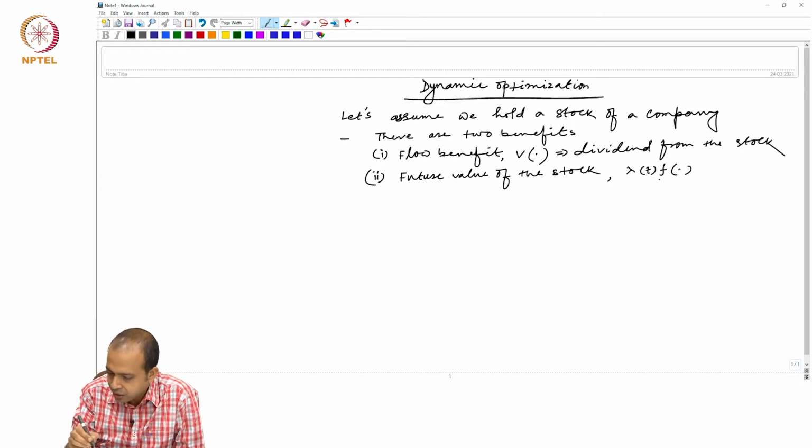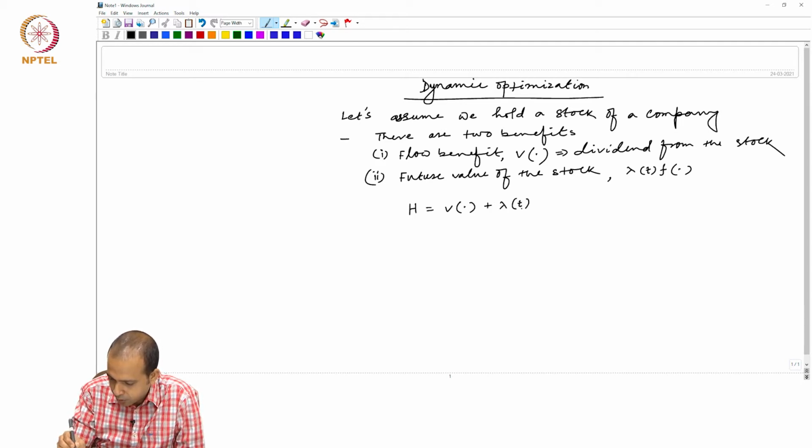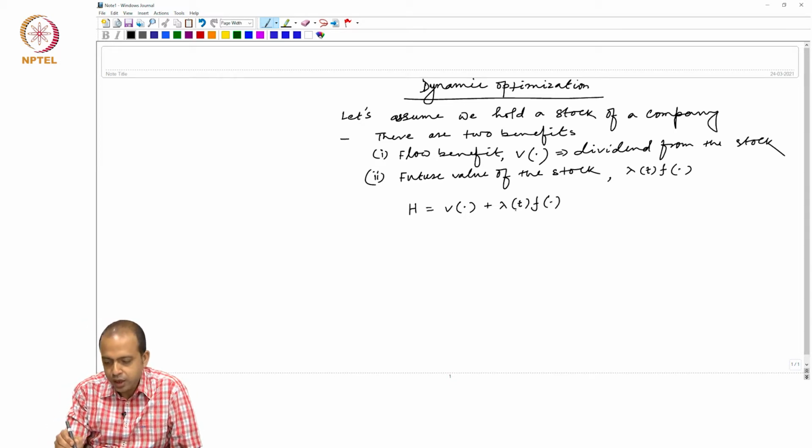We defined one function h equals v plus lambda t f dot. So, this is flow benefit and this is called future value of the stock, some kind of stock benefit.